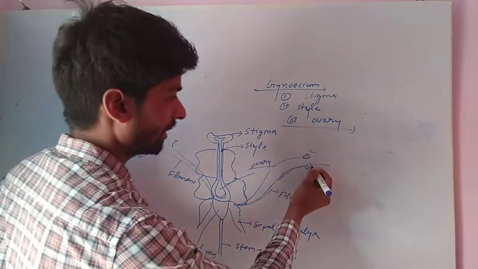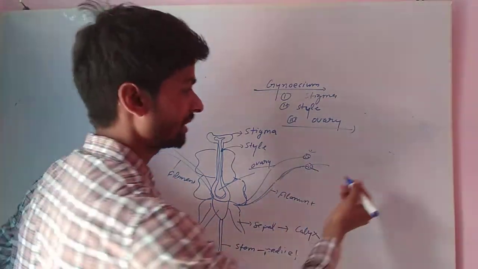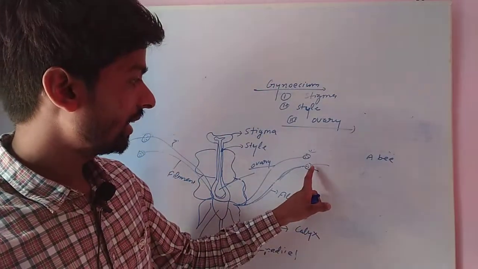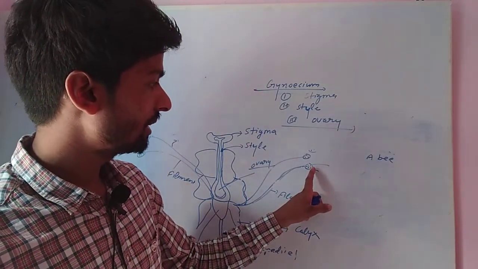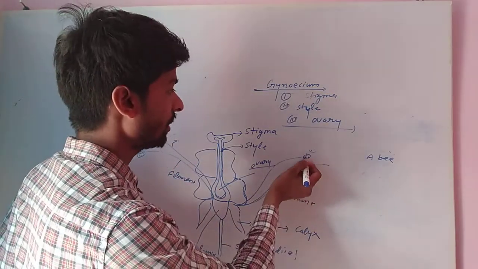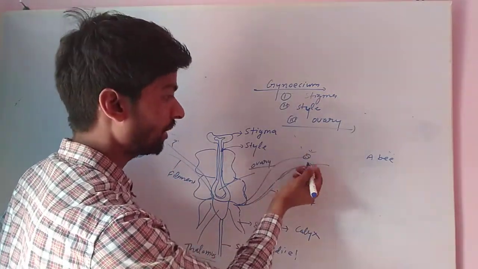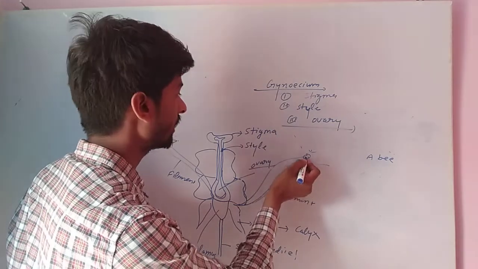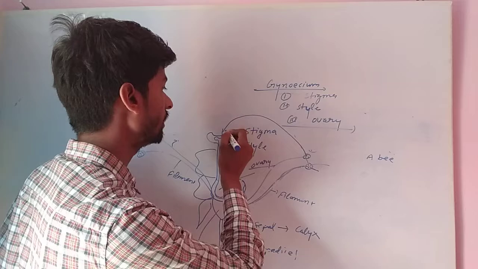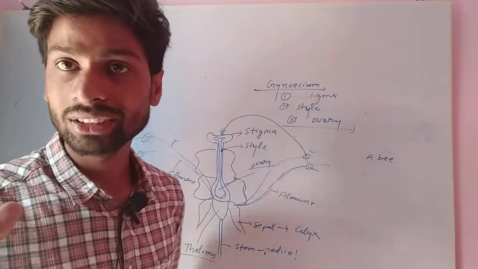Now, suppose I give an example: a bee is here, and on the legs of the bee there are pollen grains pasted. So the pollen grains coming from the anther to the stigma is known as pollination.